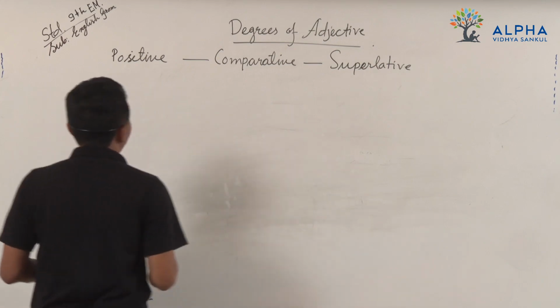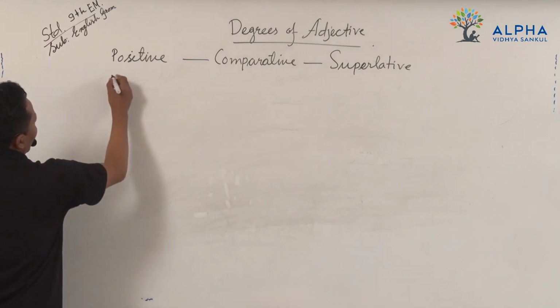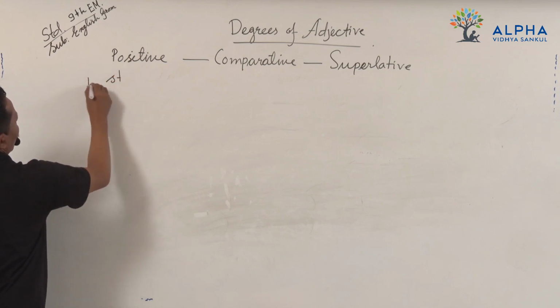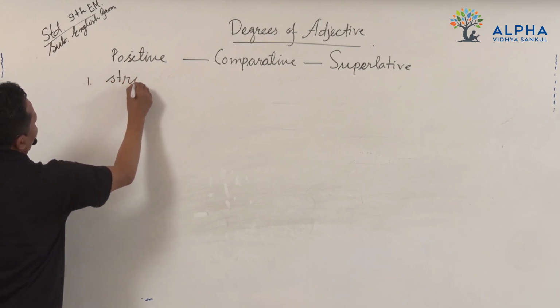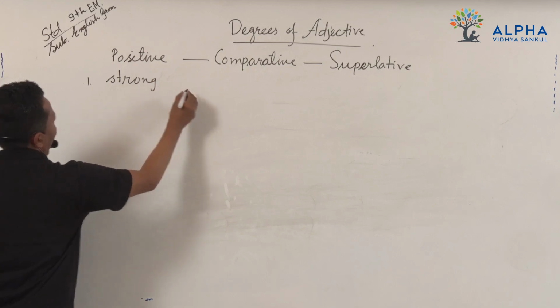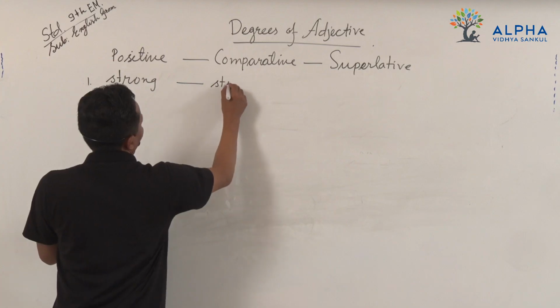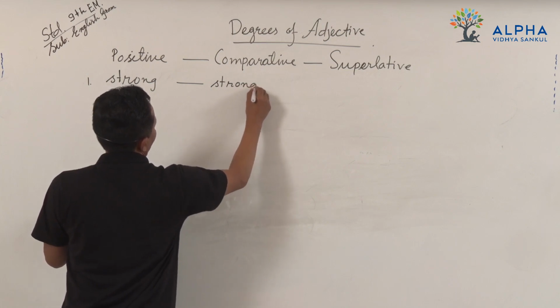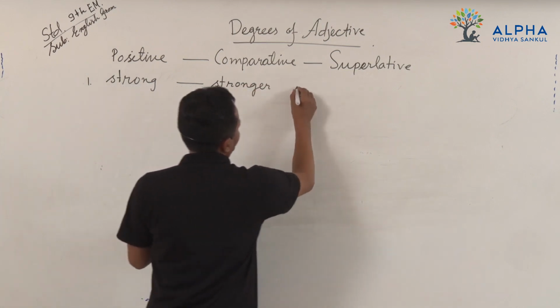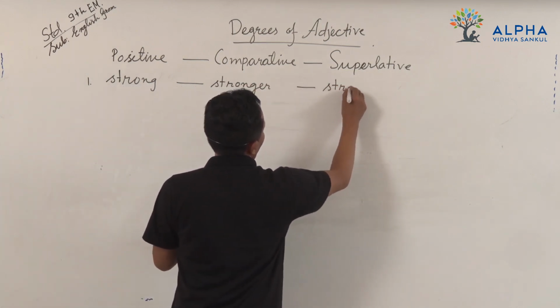For example, if I take strong, the answer will be strong, stronger, strongest.